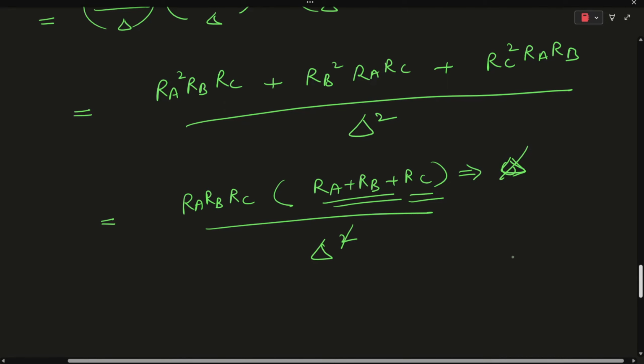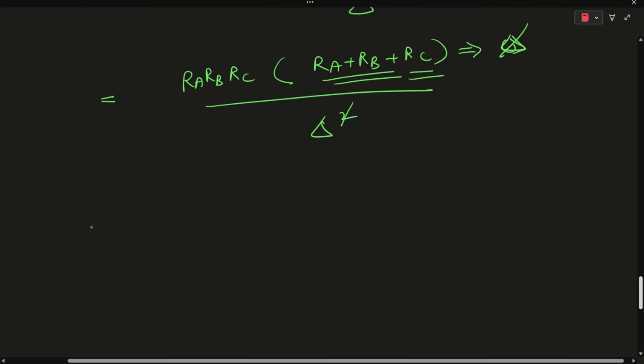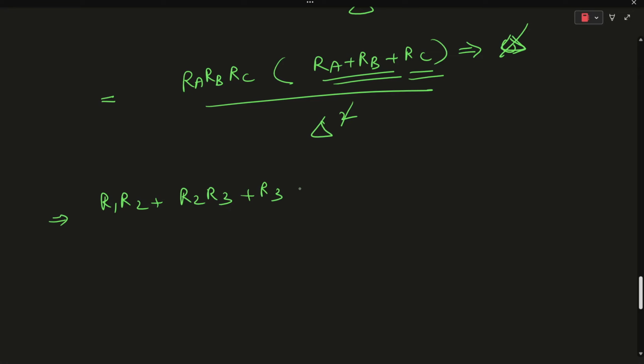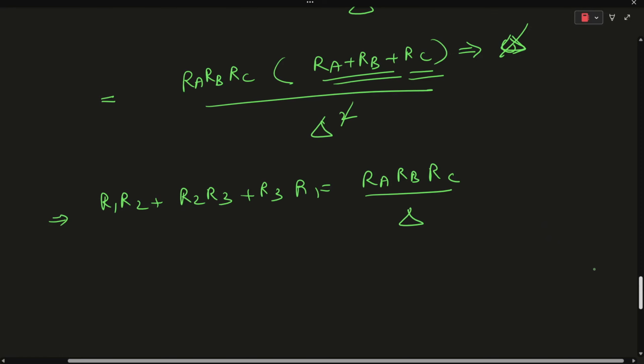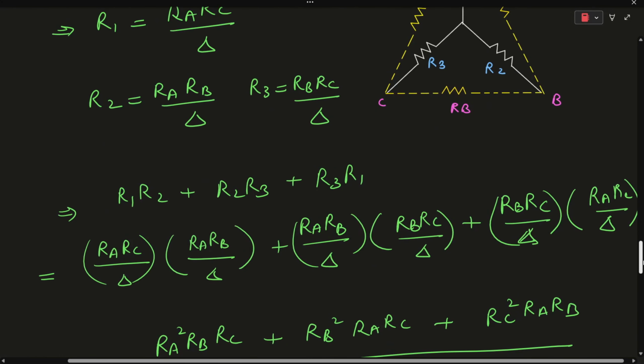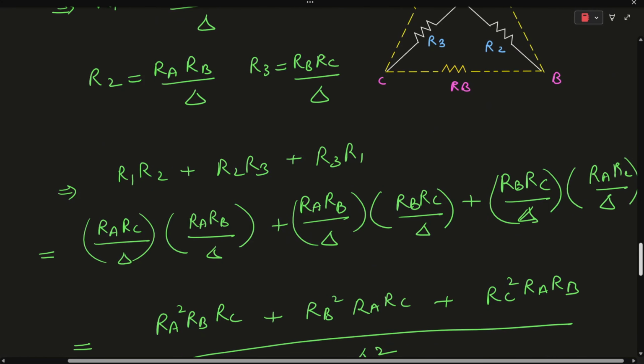Now we are getting the value of R1R2 plus R2R3 plus R3R1 equal to RARBRC upon delta. We already know the value of RBRC upon delta is equal to R3.